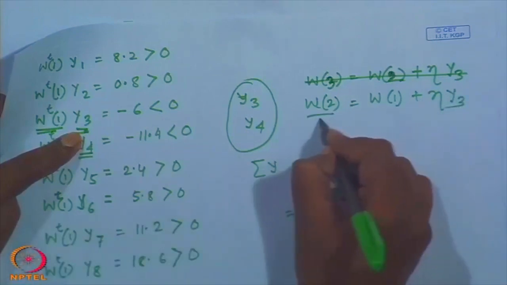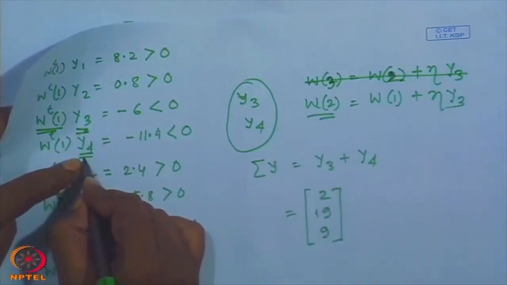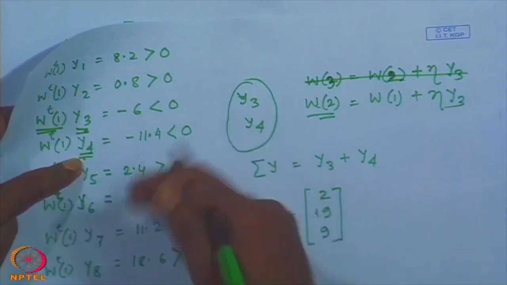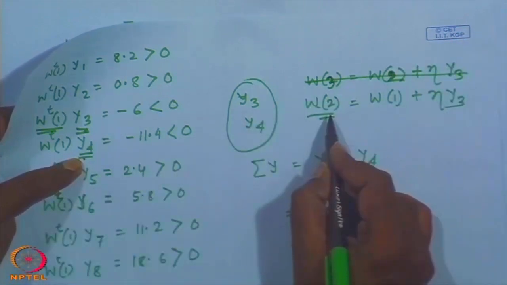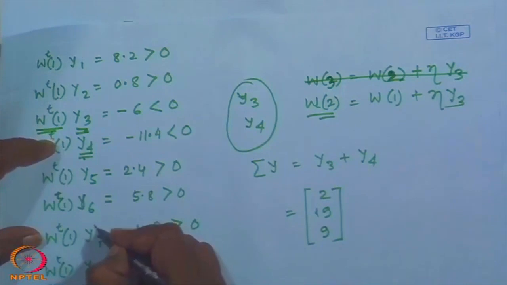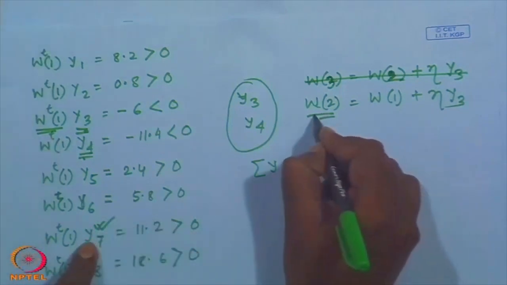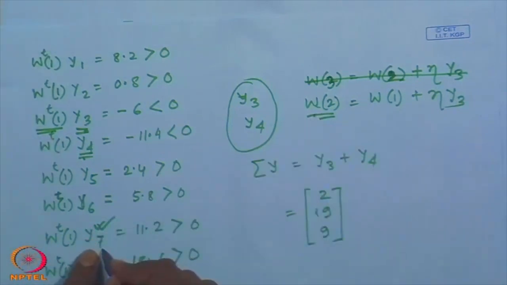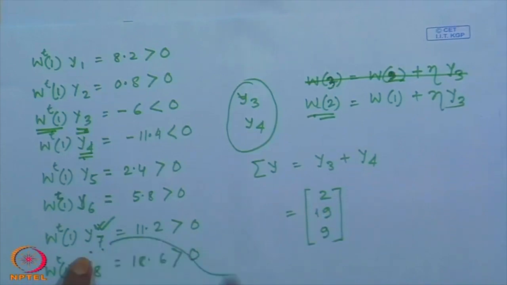And maybe this W2 will correctly classify y4, so y4 will not be misclassified by this. But it may so happen that for y7, I find that this weight vector W2 misclassifies y7. So, whenever it misclassifies y7, immediately I will compute W3 to be W2 plus eta times y7.